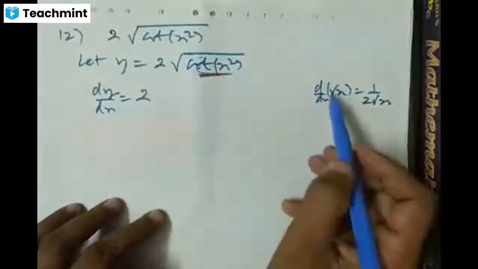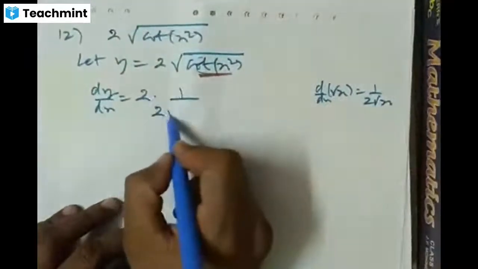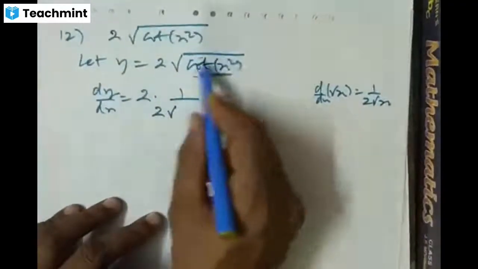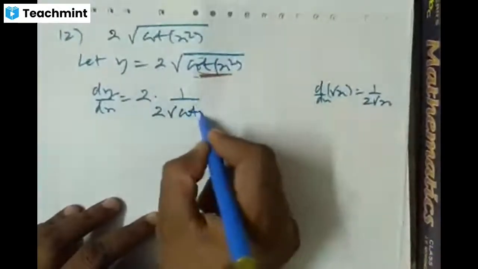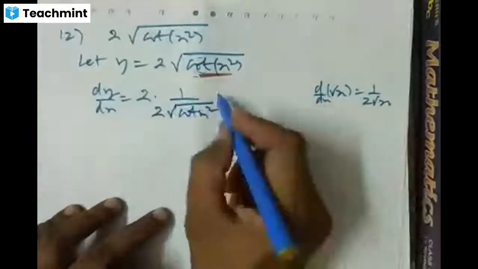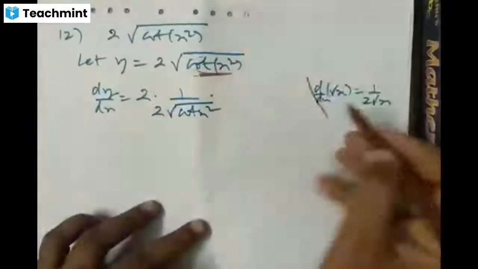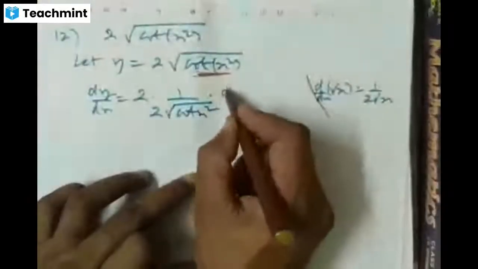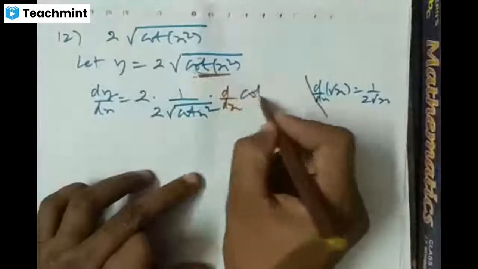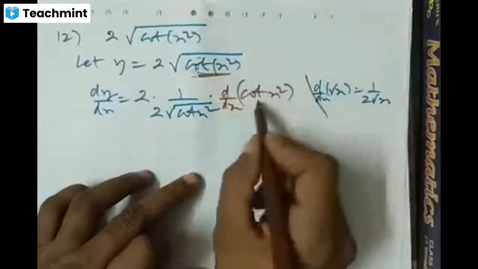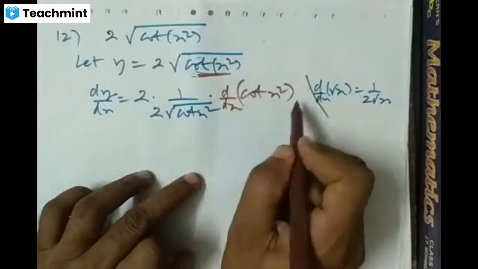So the derivative of root x is 1 by 2 root x, into 1 by 2 root, in place of x we write cot of x square, into d by dx of this function, cot of x square. See, cot of x square is not an ordinary function. It is a composition of 2 functions.